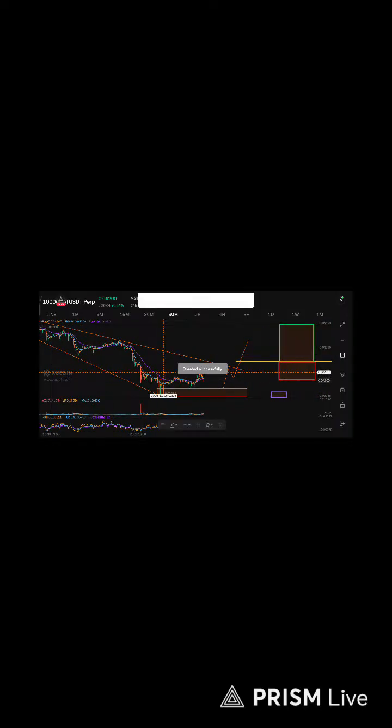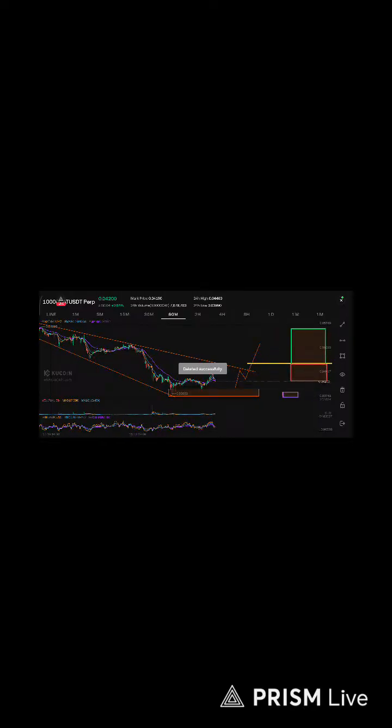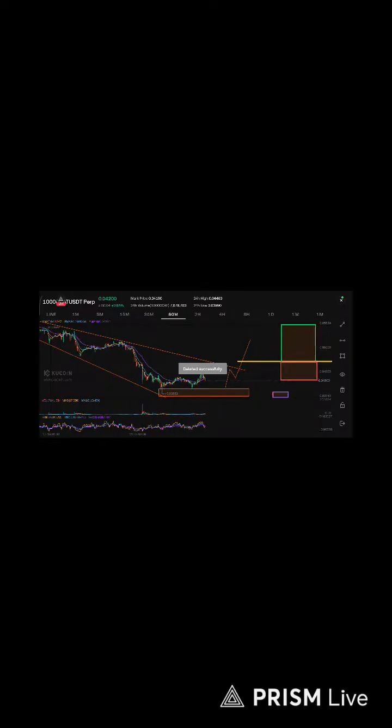But if you're a sniper, you can also take a trade from here. You can also take a trade from here if you're a sniper. The market is going to short right now, so you can take a short trade from here from 0.04 to 0.039.